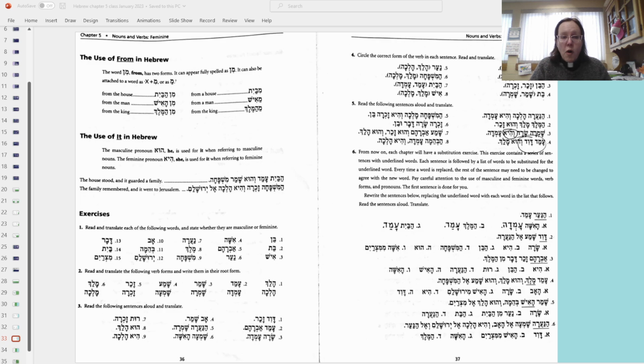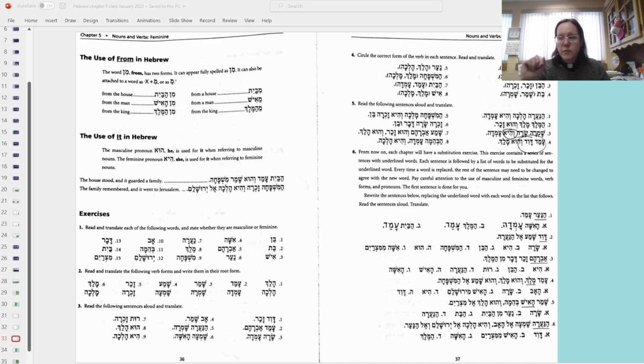And that means to walk or went. Number 2, we have amad and amda, and that is stood or stand.